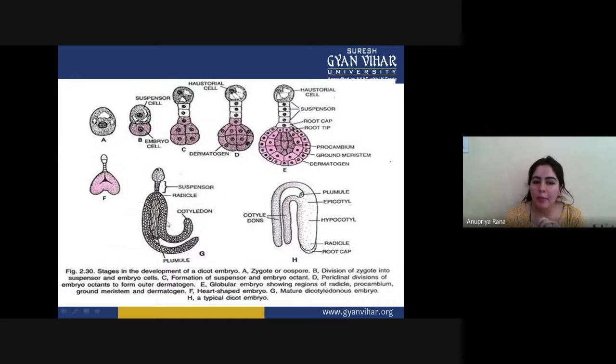As the embryo develops, it needs a lot of nutrition, so the whole endosperm can be digested and utilized by the embryo.